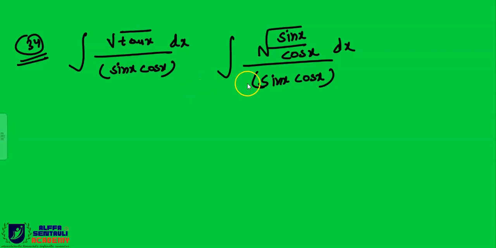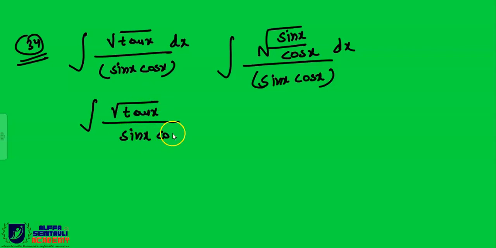Then what should I do? This is written as sin x upon cos x. You can also do one thing. Let's suppose from here itself, this was tan x, so this is sin x, right?